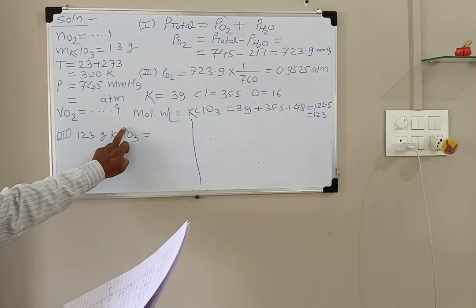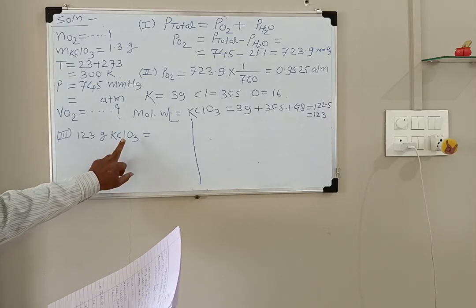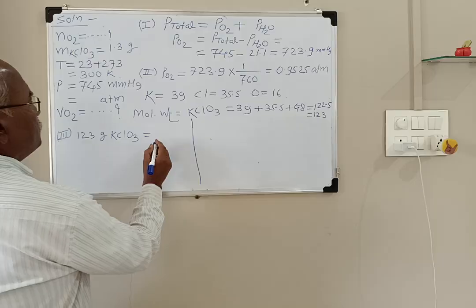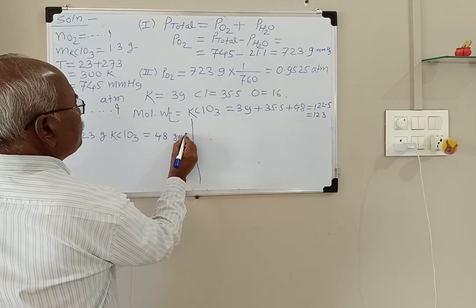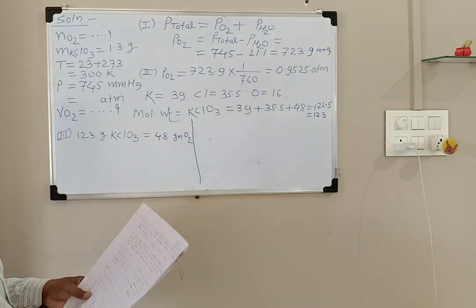There are 3 atoms of oxygen, 16 into 3, that is equal to 48 gram O2.